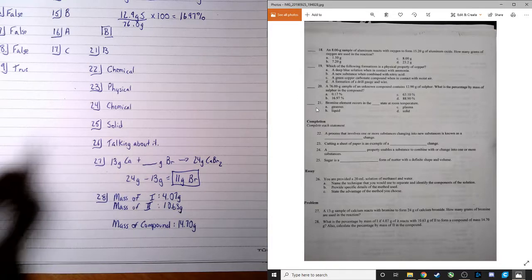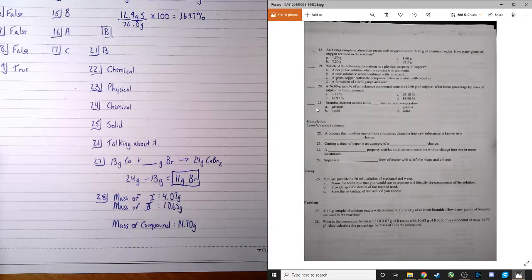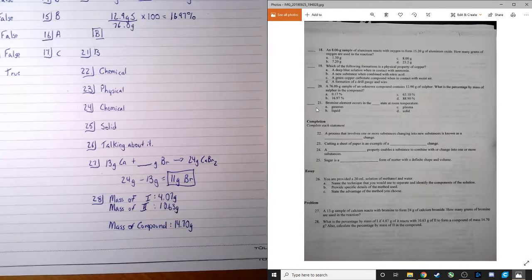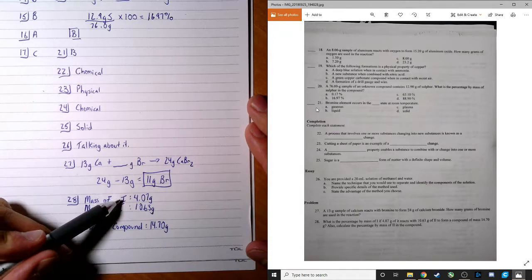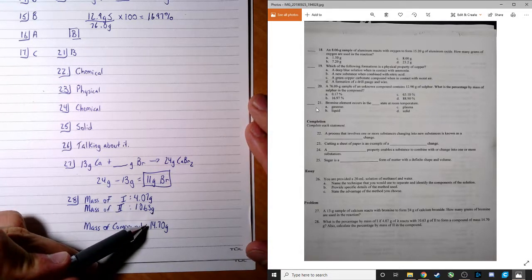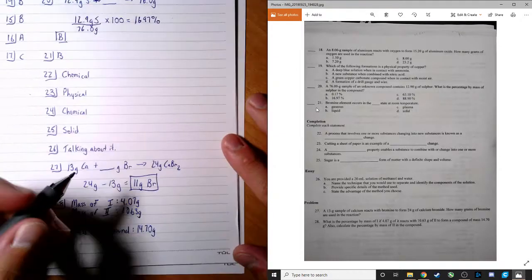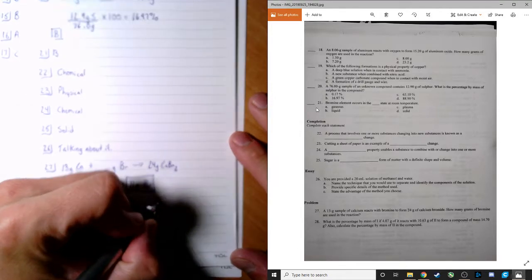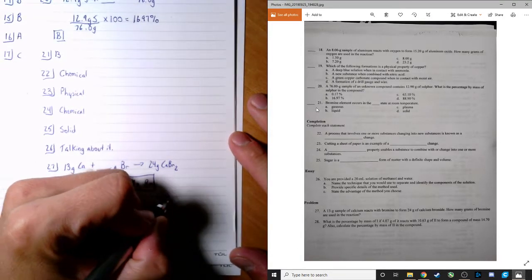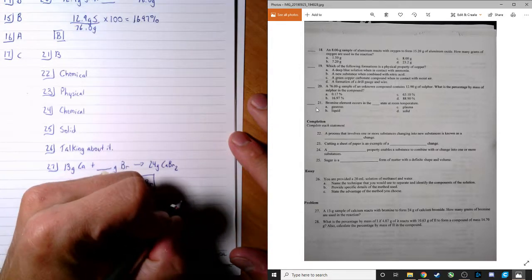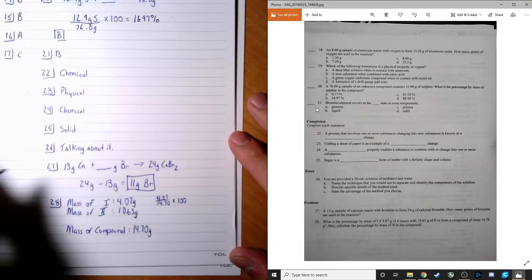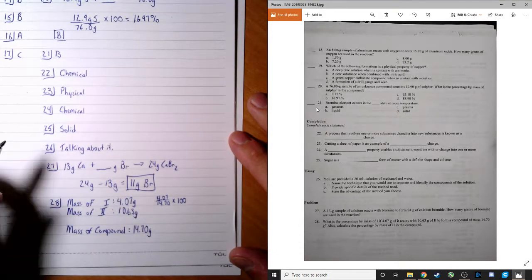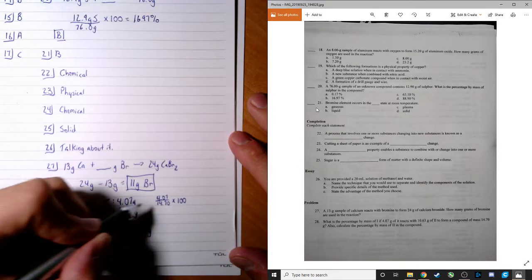So it wants to figure out the percent by mass of both of these elements. So what you do, mass of element 1 divided by mass of the compound times 100. So I'll write it out and then talk about it. Then for number 2, same stuff, just using these numbers.